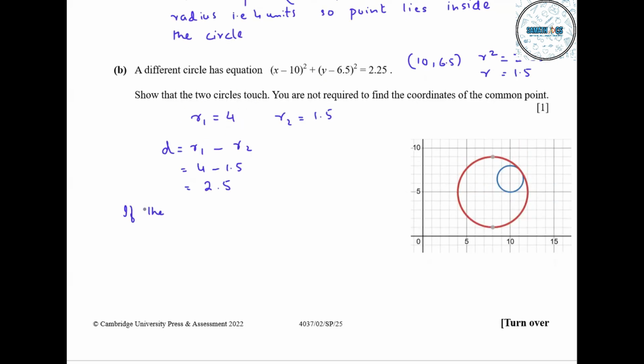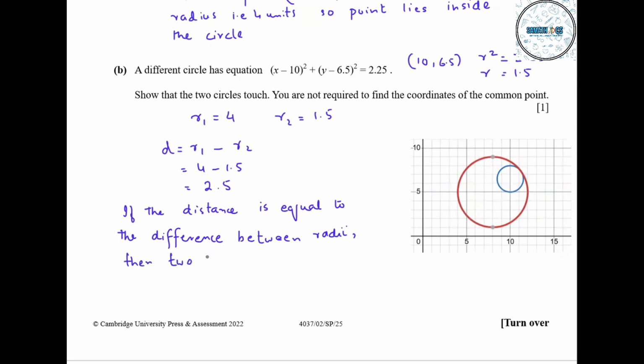If the distance is equal to the difference between radii, then two circles touch each other.